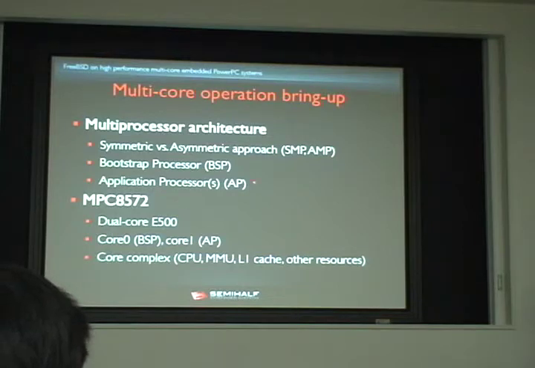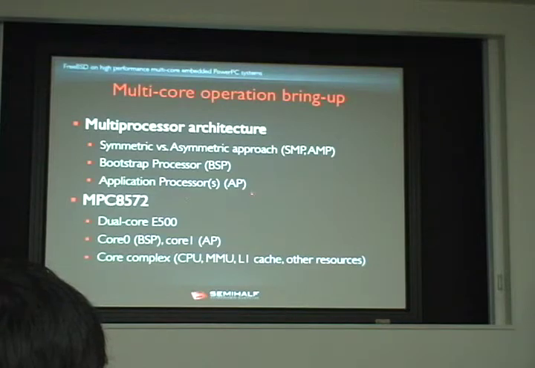Even though this naming scheme exists, once the whole system is up and running, there isn't any difference between the BSP and the APs. They are somewhat equivalent, although during the boot up process, they need to be differentiated. We'll see the details of how it's done on this system.